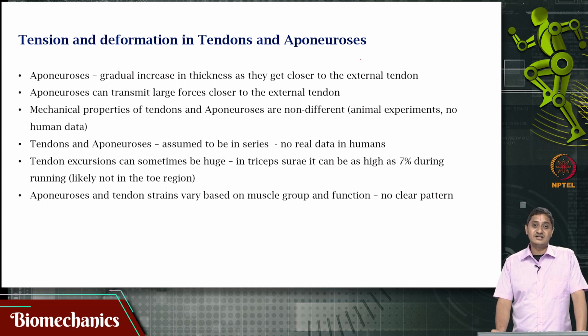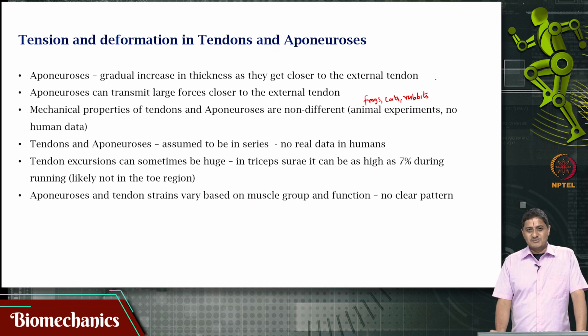People have attempted to study if there are any differences between tendons and aponeurosis. It turns out that mechanical properties of tendons and aponeurosis are not different from each other. Of course, these studies were performed on frogs, cats, rabbits, small animal experiments.